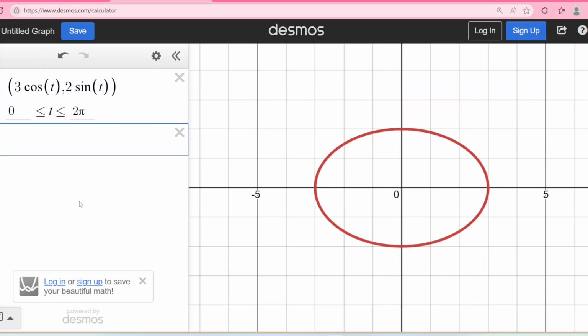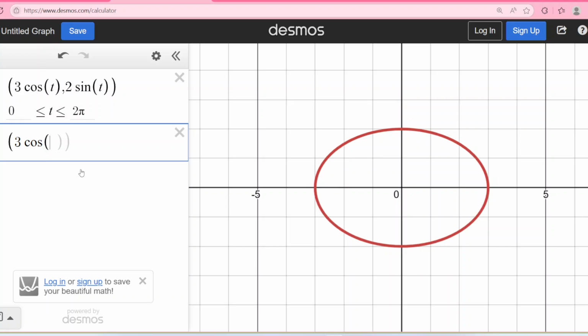Just type in the same stuff, but with a different letter. Because if you put in t, it's going to draw the whole thing for whatever range of t you give. T is the typical parameter, so it does it in this standard way. If you want to see the motion of the point, do it again. So another left parenthesis, then 3 cosine, and replace the parameter with some other letter.